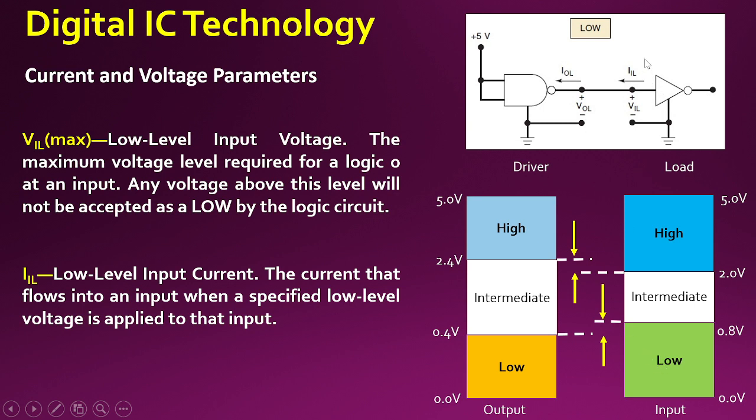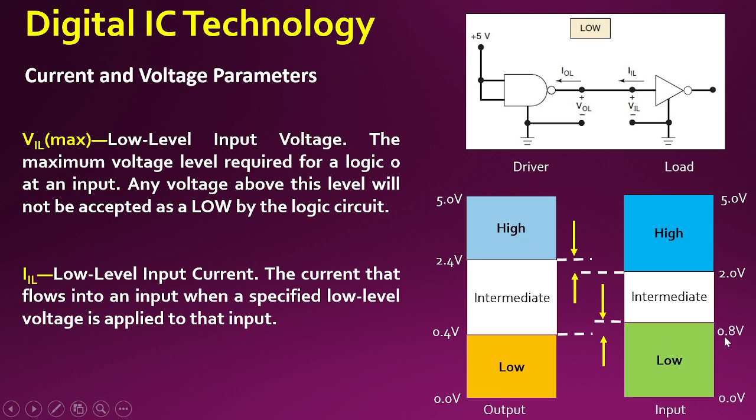Since we are considering the input side, we will have a look at the input profile. In this case, when is the valid input? The valid input is between 0 volts to 0.8 volt. So if it is 0, then it's fine. This particular load TTL gate will consider that as low logic. But if the voltage somehow increases, till what will that be acceptable?